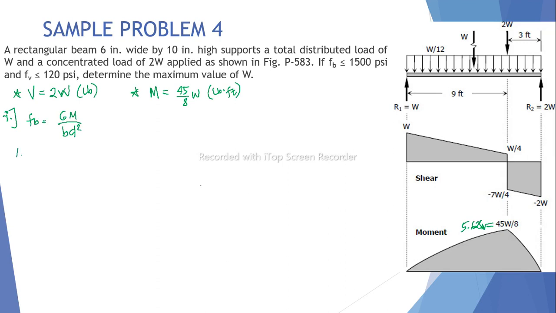The flexural stress is 1,500 pounds per square inch, equal to 6 times the moment, 45 over 8 W pound-foot, over BD squared, where B is 6 inches and D is 10 inches squared.